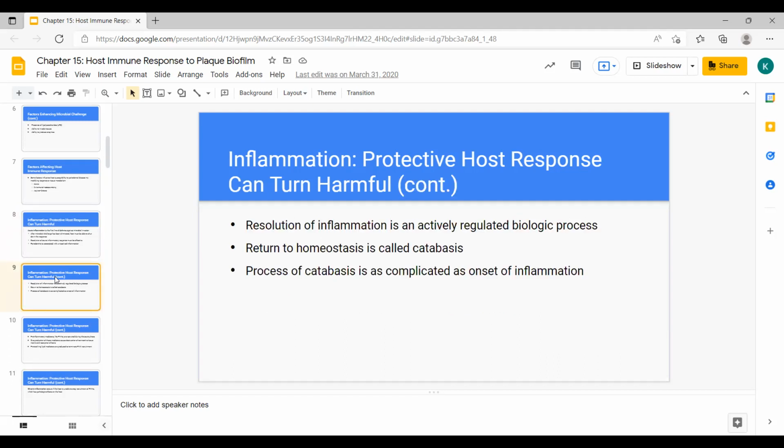The resolution of inflammation is an actively regulated biologic process. The return to homeostasis is called catabasis. The process of catabasis is as complicated as the onset of inflammation. So it's just as hard to turn it off as it is for the body to mount a correct immune response.